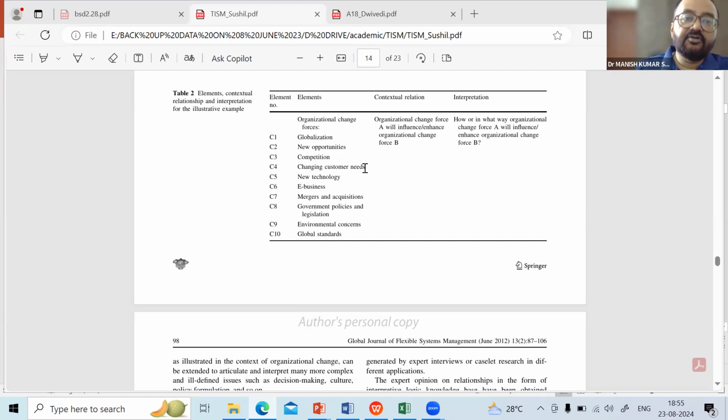And also the result shows that changing customer needs impact globalization, or help to improve globalization. So your question will be, A will influence or enhance organizational change as compared to B. For example, A means factor 1, B means factor 2.